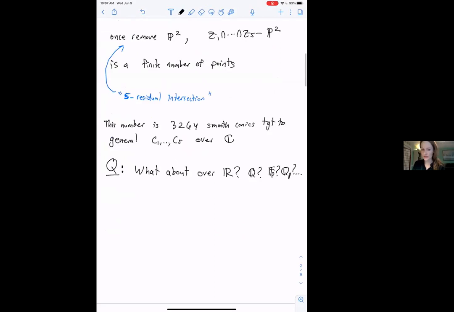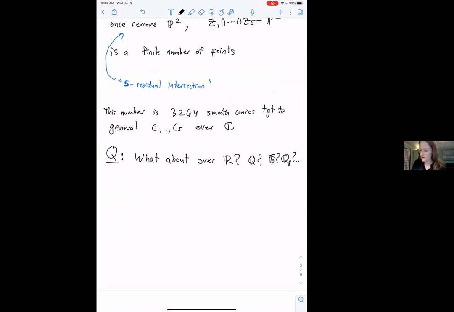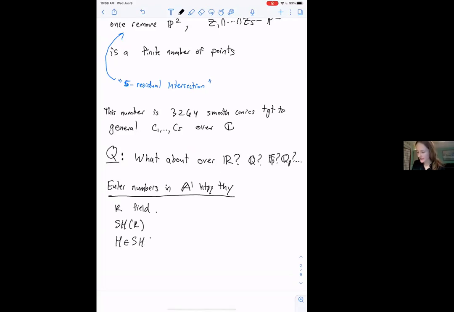But let's approach this from the perspective of using Euler numbers or classes in A1 homotopy theory to say things about this. So let K be a field, and we'll have the stable homotopy category over K, and a cohomology theory H, we've got cohomology groups.